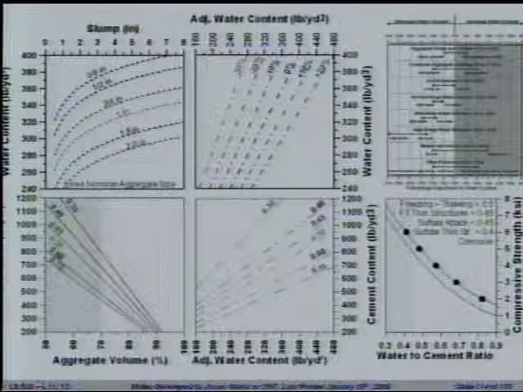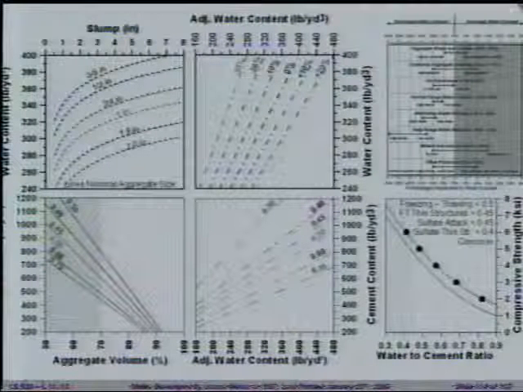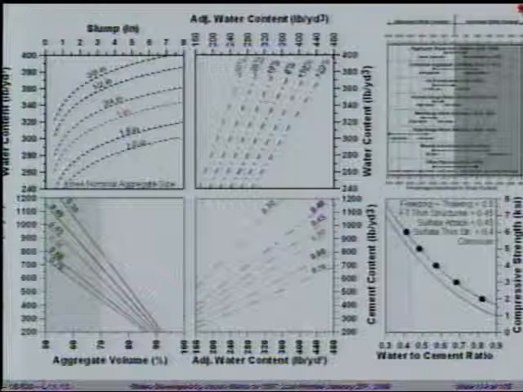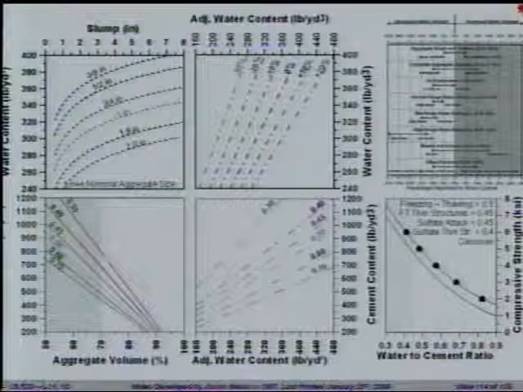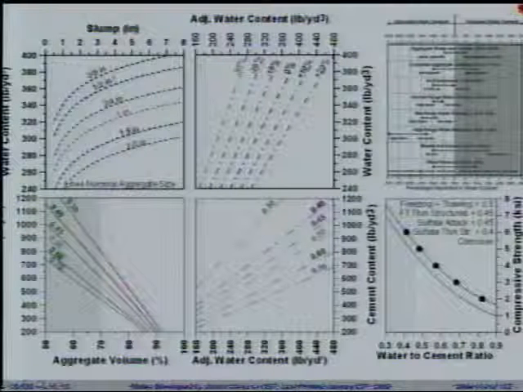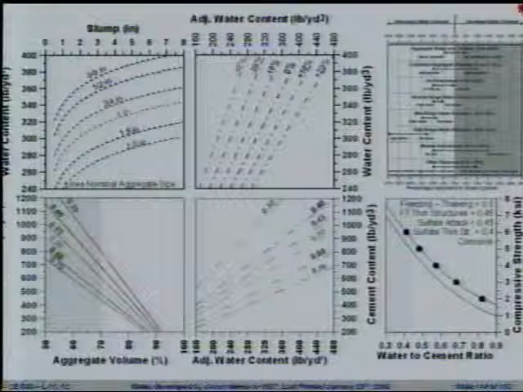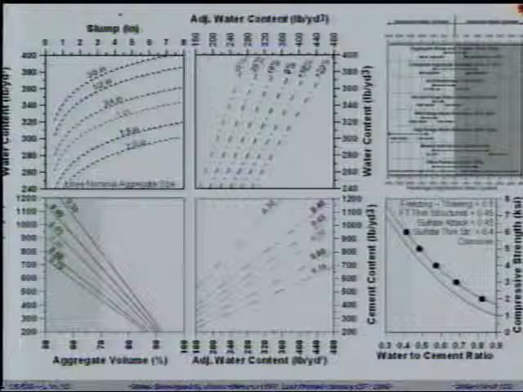One of the things that you will notice is over here we've got Ken's table that comes out of the Concrete International paper, and then each one of these other graphs are graphs that we've seen up to a certain point. What you will remember is that in the first step, we wanted to look at the slump in our overall system.